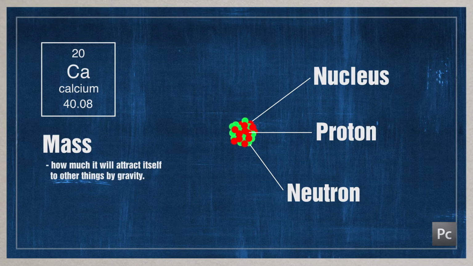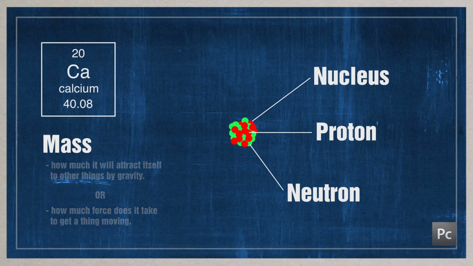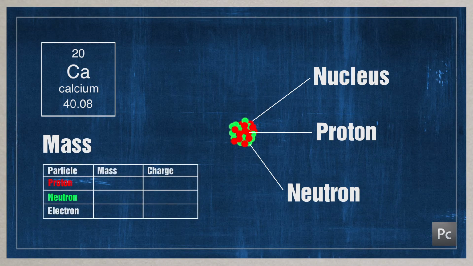And so when you come to pick it up, you will notice that it feels heavy. Another way to look at it is how much force does it take to get the thing moving? Something with high mass requires more force to get it moving than something of the same size but with little mass.